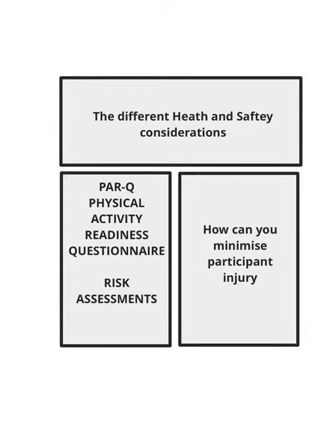So, the basics of how to minimise participant injury: the most common cause of sporting injury is the failure to warm up sufficiently before beginning activities. But it is also caused by incorrect use of equipment and insufficient safety precautions.